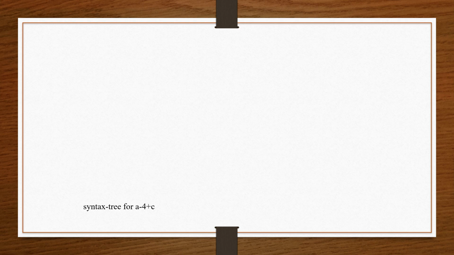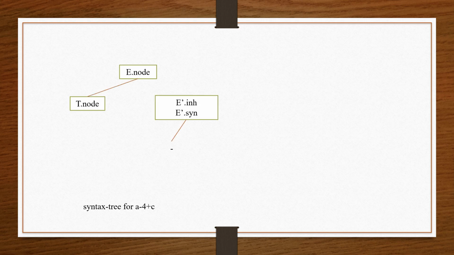Now consider this particular tree. So what is the initial start node here? E dot node. In order to get this particular input, it is replaced with T E dash. Now T is assigned with value A. Now what is the right subtree? Right subtree is E dash and it has to perform minus, right? What is that? Minus T E dash.